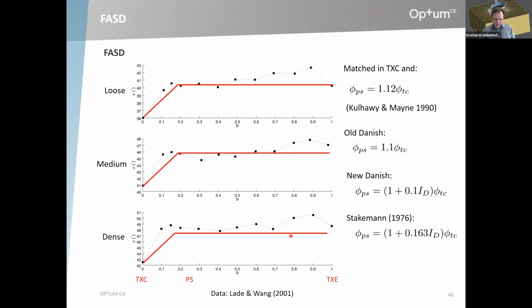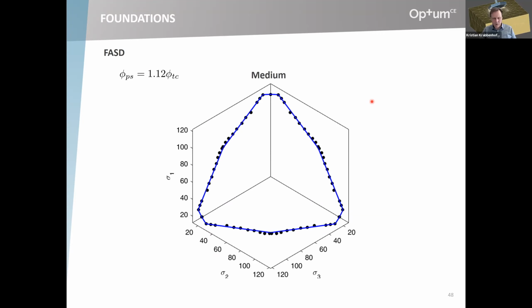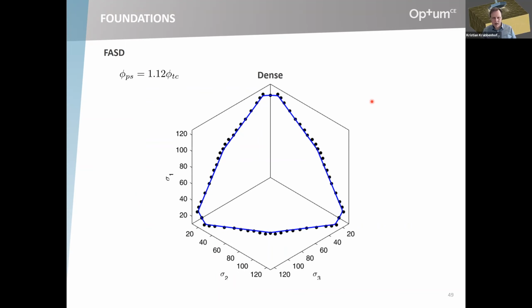Maybe the dense one is a bit too conservative, but not really bad fits at all. And if you look at it in the deviatoric plane, something like this. And I tried, I have to say as well, all the curved Lade, Matsuoka-Nakai type Coulomb alternatives, and this one is really, I think, the one that fits the data in the best way.